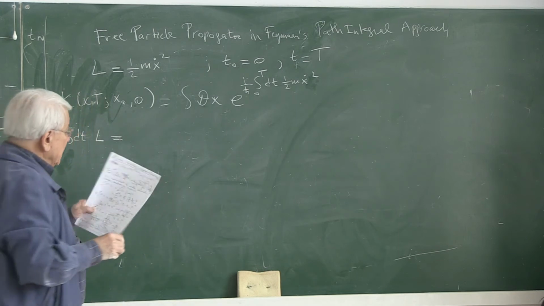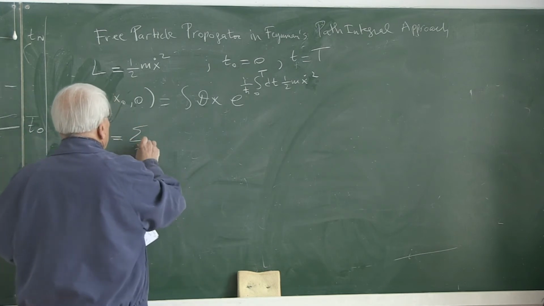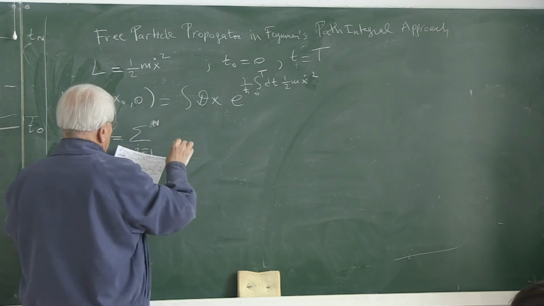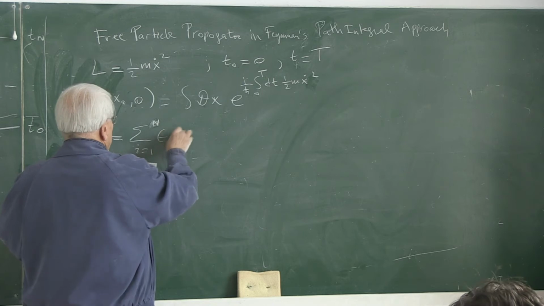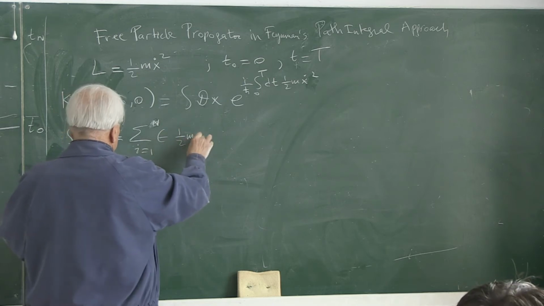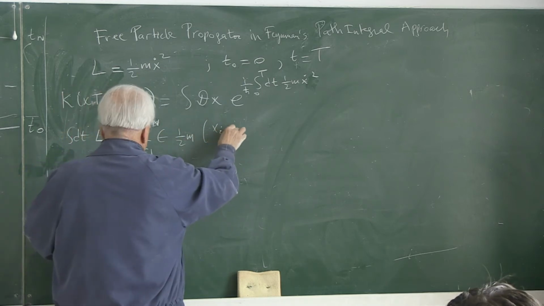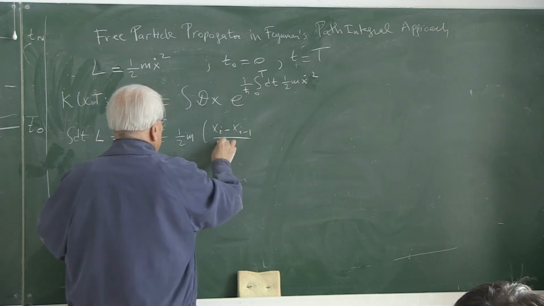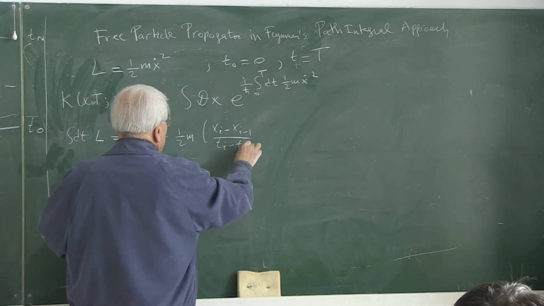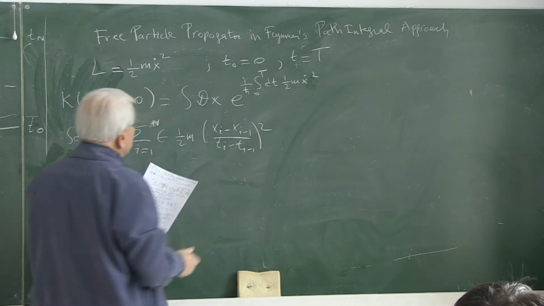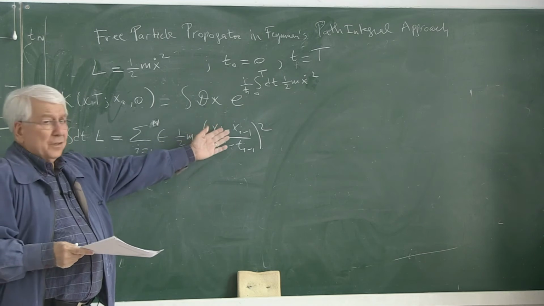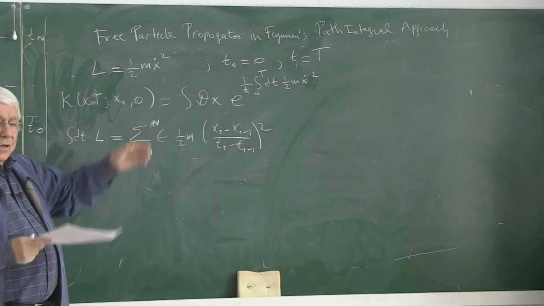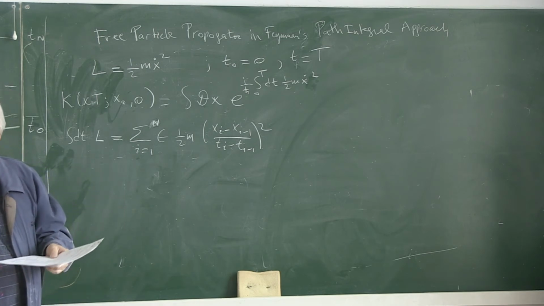I write that integral as the sum, i to n, epsilon 1/2 m, x_i minus x_{i-1} divided by t_i minus t_{i-1}, squared. That's the definition of the velocity. Take it at a generic position and then sum over all intervals, 1 to n.